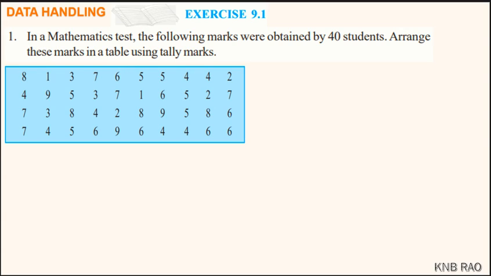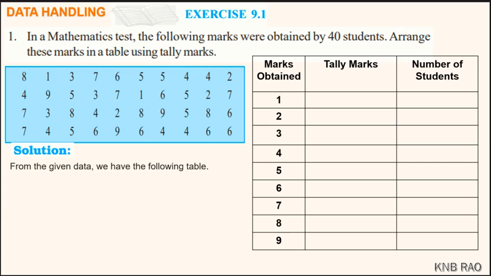So, we are given marks of the 40 students in a mathematics test, and when you are solving it, from the given data the following table can be drawn. A table containing 3 columns.